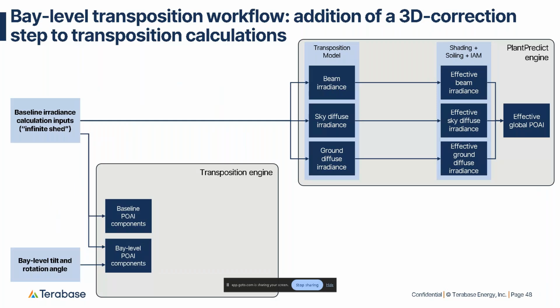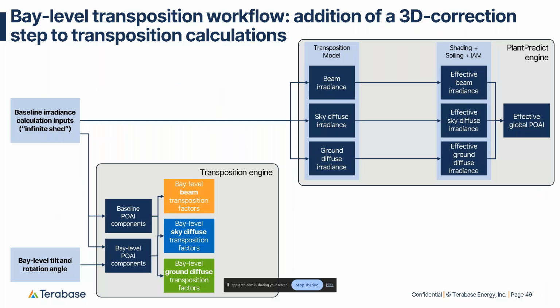What we do now is that we take these infinite shade calculation inputs, we also take the bay level tilt and rotation angle, and from there we get what we call the baseline POAI components, the plane of array irradiance components for each bay. From there, for each bay, we calculate a transposition factor for beam, for sky diffuse, for ground diffuse.